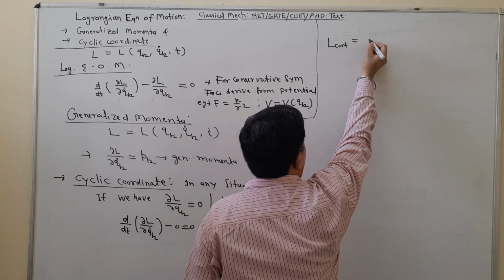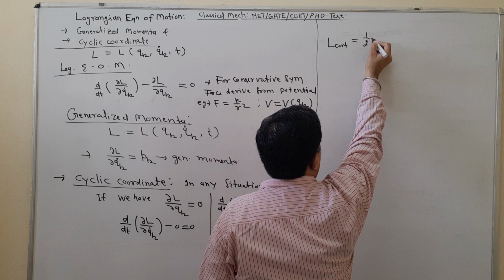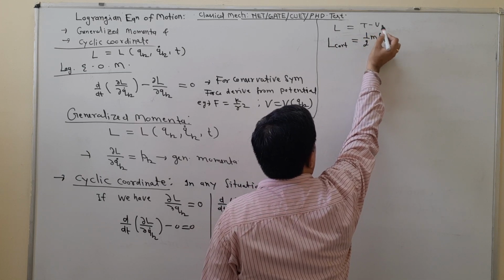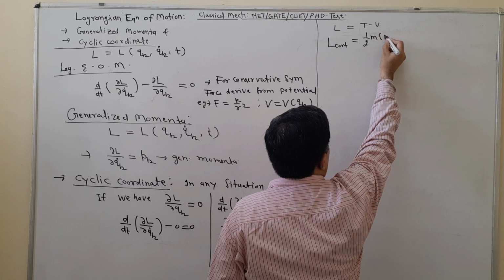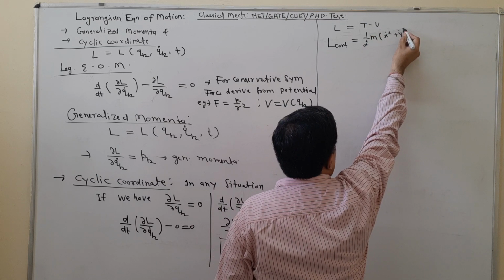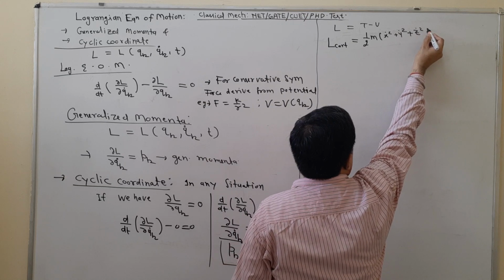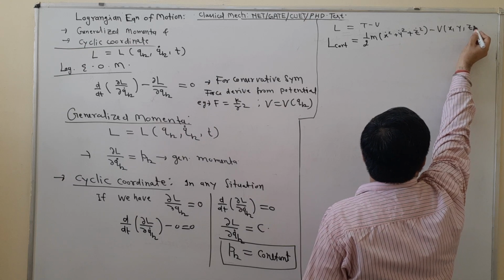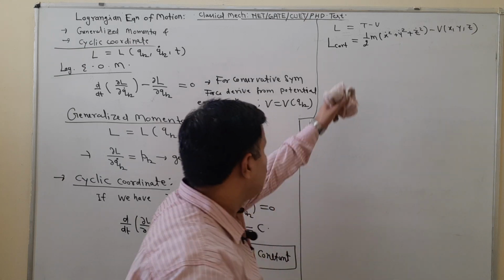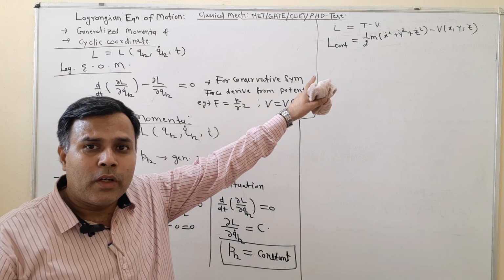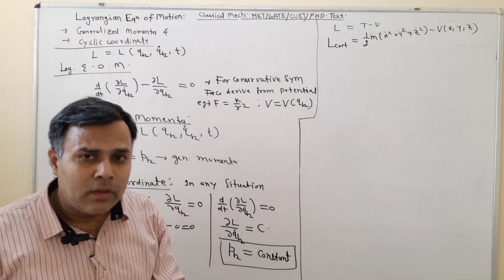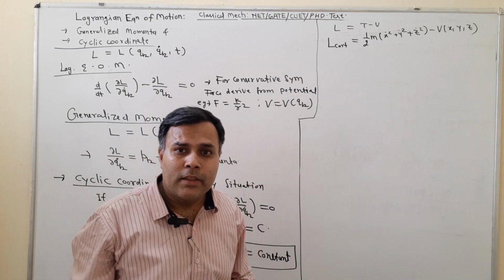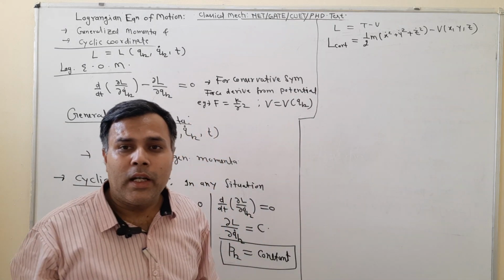Our L is T minus V, so L is half m times x dot squared plus y dot squared plus z dot squared, minus V of x, y and z. Find the generalized momenta corresponding to this Lagrangian and check whether this Lagrangian has a cyclic coordinate or not.